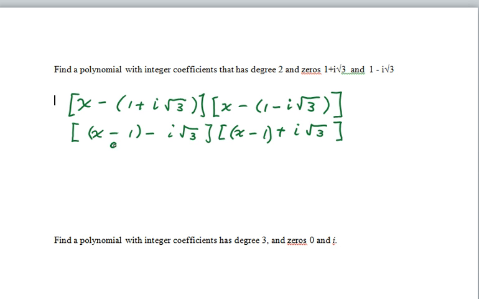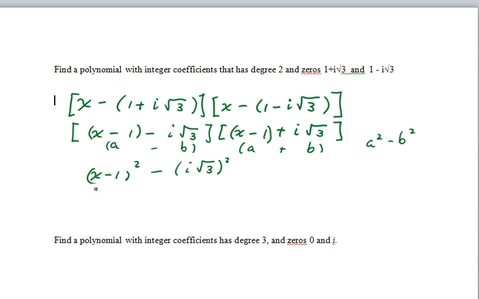The first factor is in the form a minus b, the second in the form a plus b, and when those are multiplied, we would get a squared minus b squared. And so in our case, the a squared would be (x minus 1) squared, and the b squared would be (i square root 3) squared.